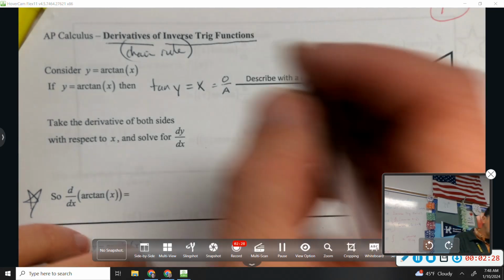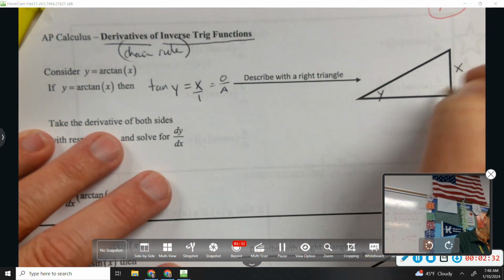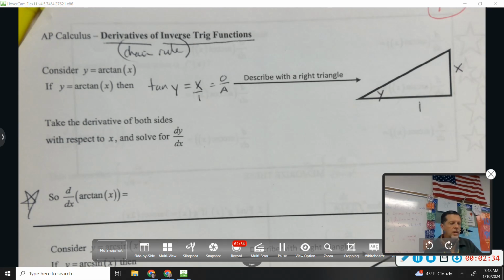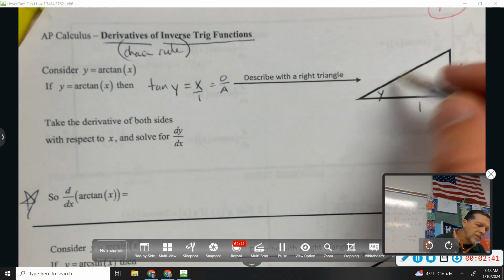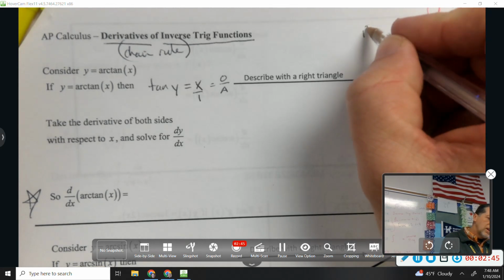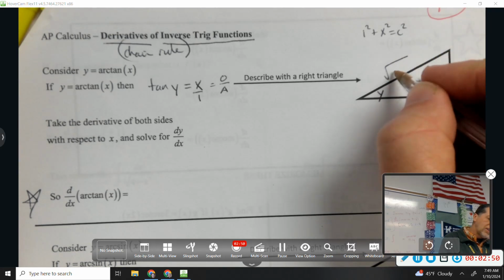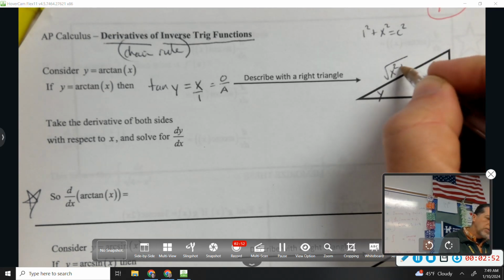And then opposite over adjacent, I'll put x over 1. And while we're here, let's go ahead and find the missing side. A squared plus b squared equals c squared. So that missing side is the square root of x squared plus 1.